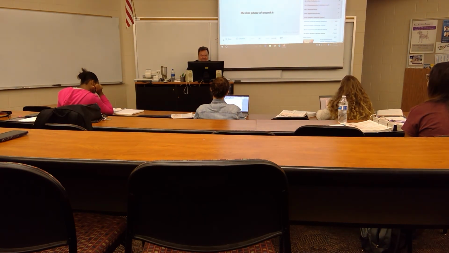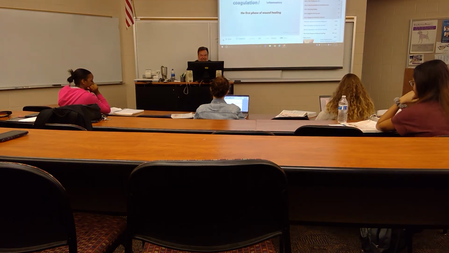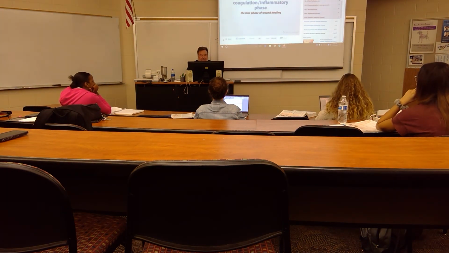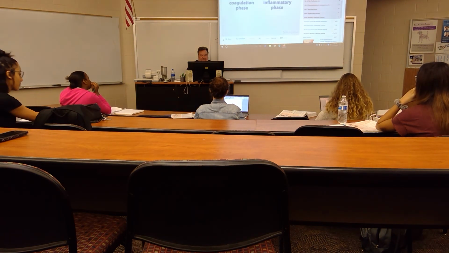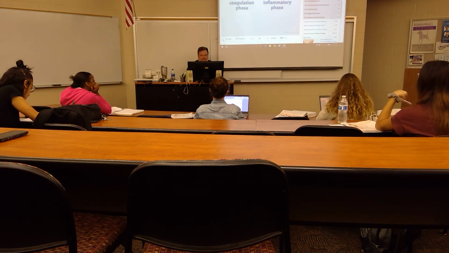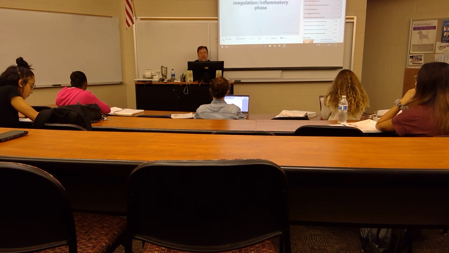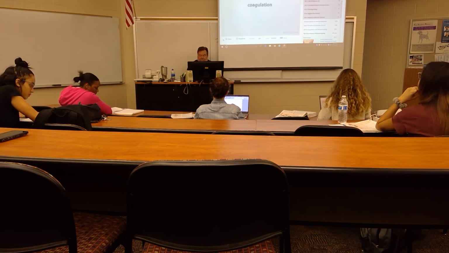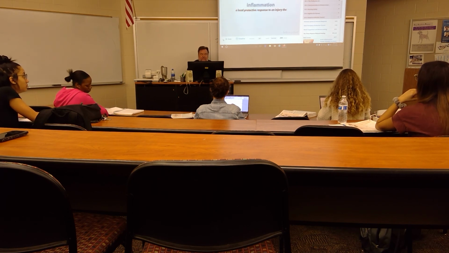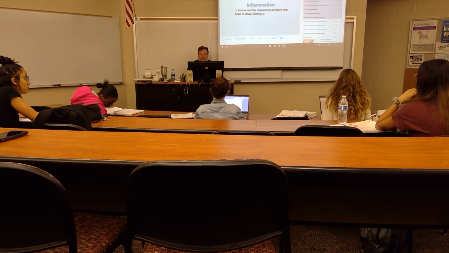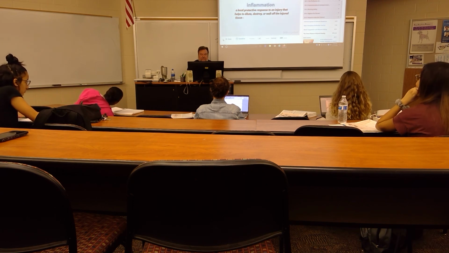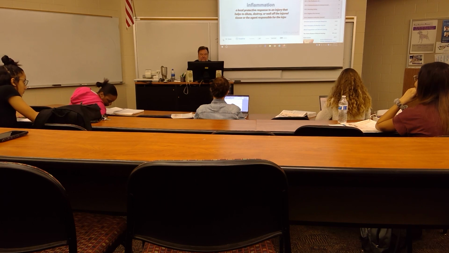The first phase of wound healing is the coagulation or inflammatory phase, or just both coagulation and inflammatory phase. Sometimes this phase is actually split into 2 separate phases. However, it's easier to combine it into one because both of these aspects of this phase start to occur at pretty much the same time. Coagulation is another word for clotting, and inflammation is a local protective response to an injury that helps to dilute, destroy, or wall off the injured tissue or the agent responsible for the injury.